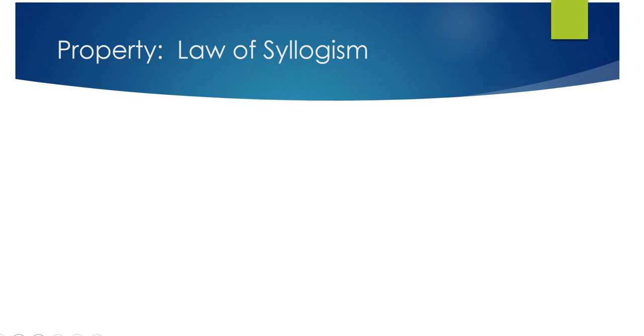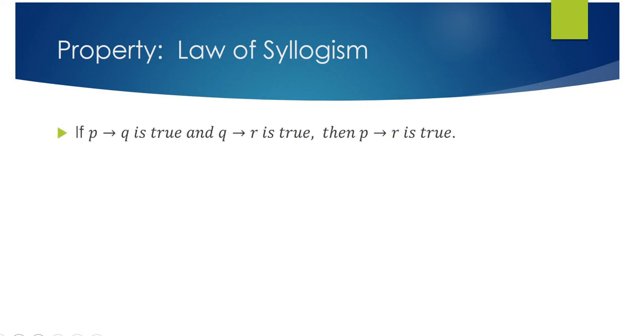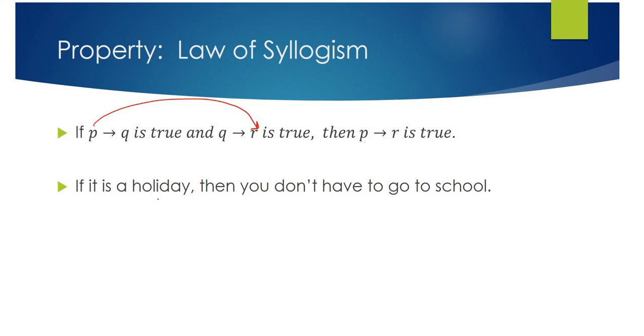Okay, one other property that we want to look at today is the law of syllogism. This one's a little bit more complex. If P then Q is a true conditional, and Q then R is a true conditional, then P then R is true. Okay, so let's look at one. If it is a holiday, then you don't have to go to school.